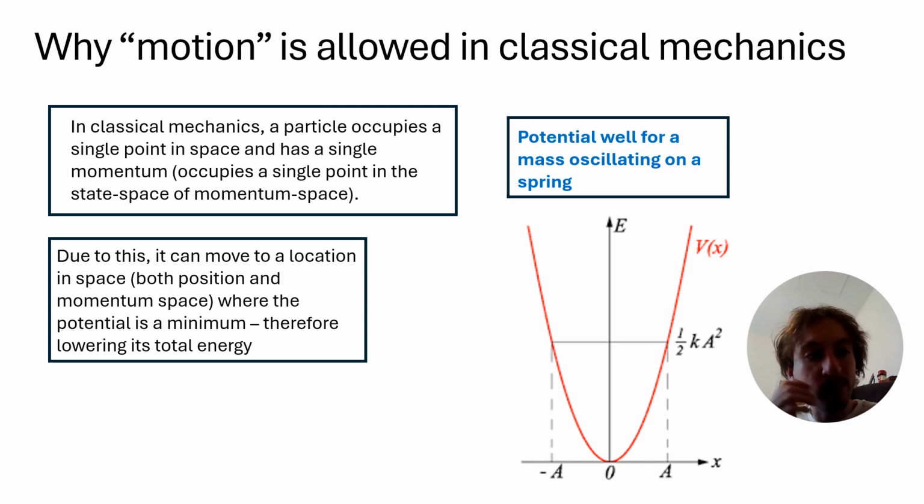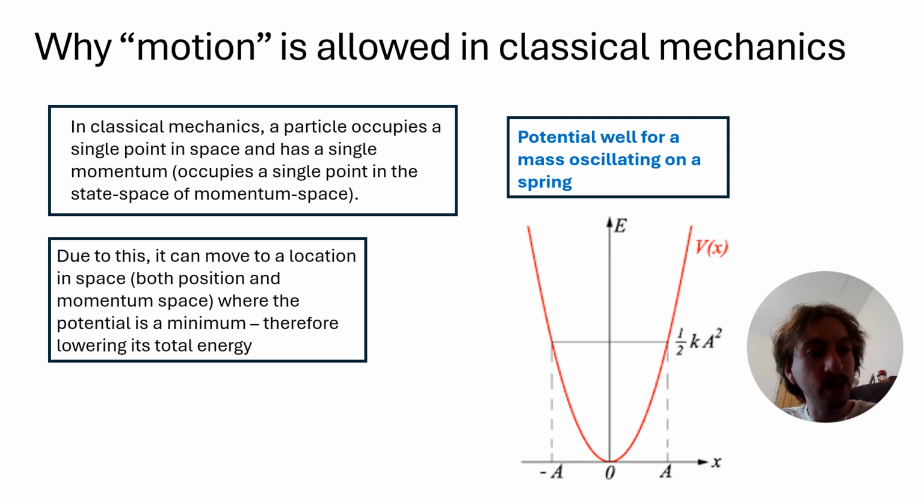A, the capital A we can see on our horizontal axis, refers to the amplitude of the oscillation, and we've got a potential energy V. In quantum mechanics we tend to use V for potential energy. In classical physics we use U for some reason, I don't know why, but we can clearly see that the potential energy, as we would expect, varies based on the position of the mass.